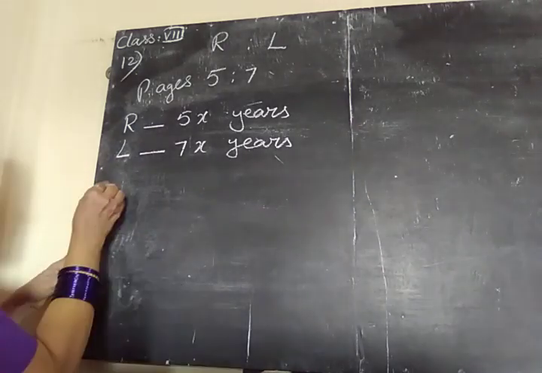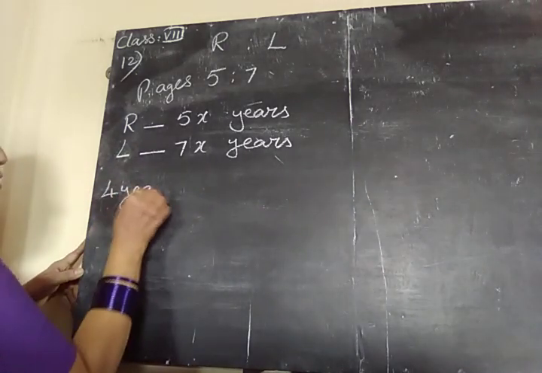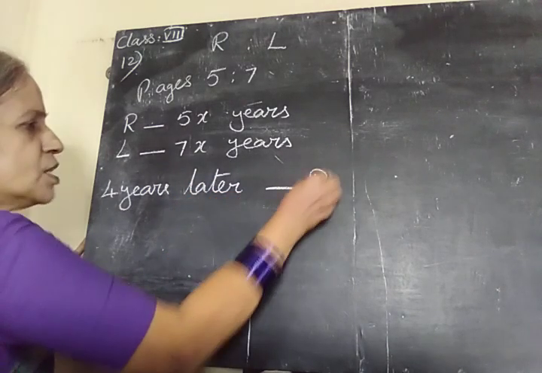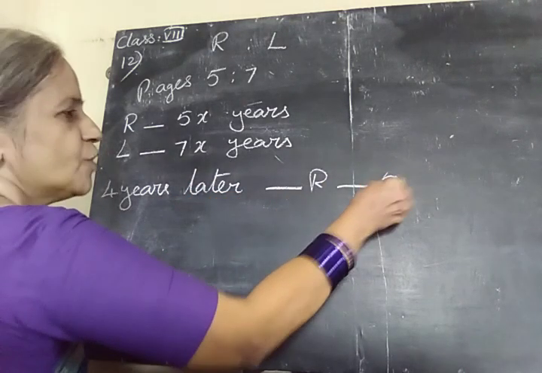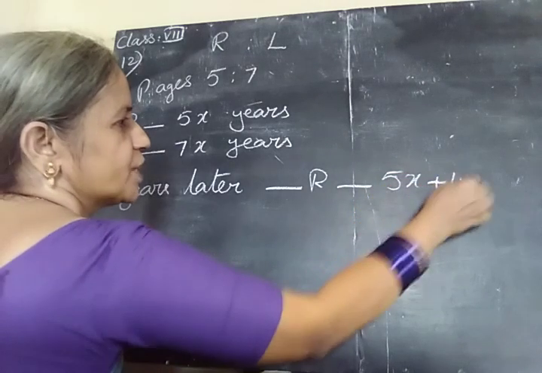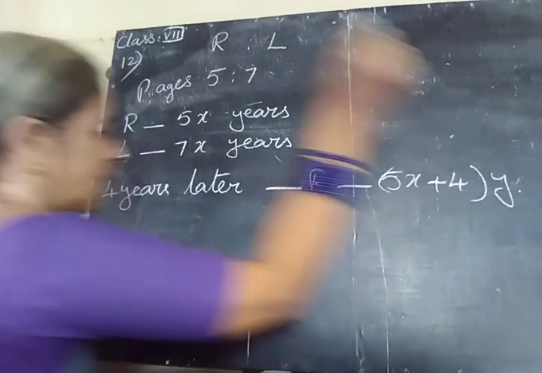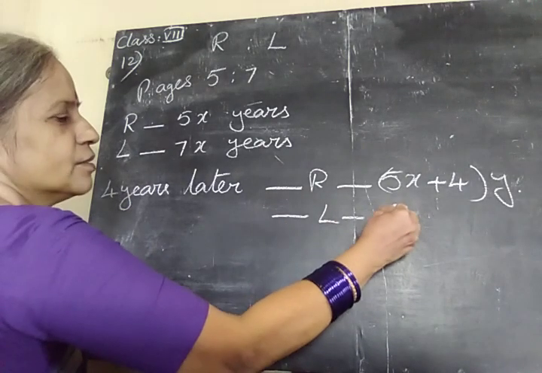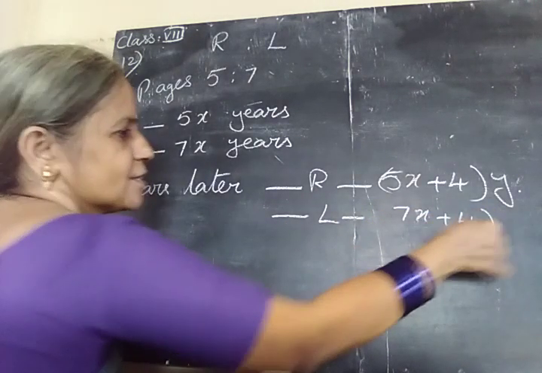So, 4 years later, what about Rahul's age? Rahul's age 4 years later is 5x plus 4 years. Understood? And 4 years later, Lakshmi's age is 7x plus 4 years.